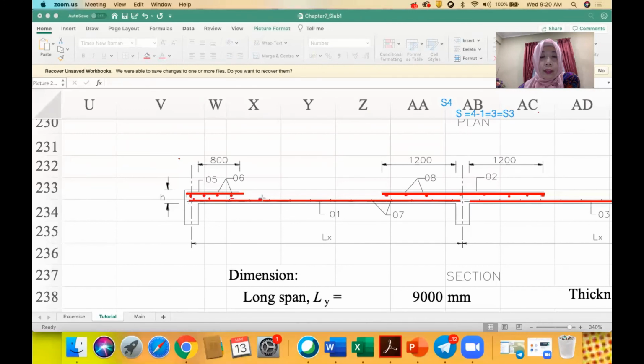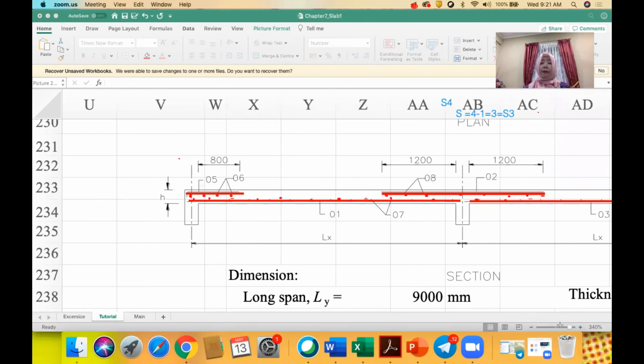Okay, and so on here. So we have dot, this is secondary steel. So you got a lot of dot here showing that it is secondary steel.